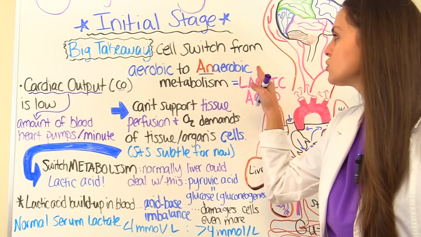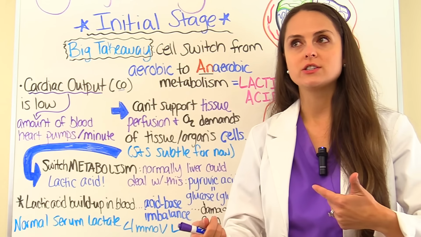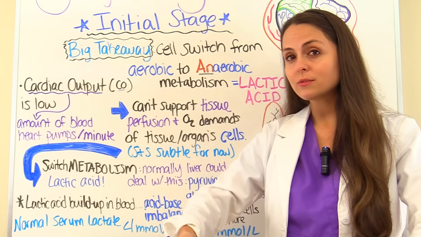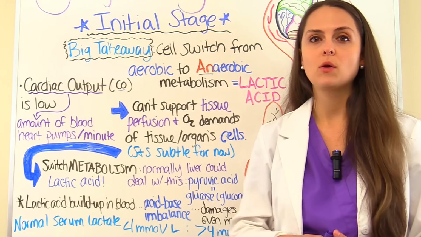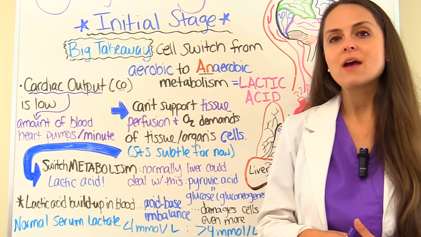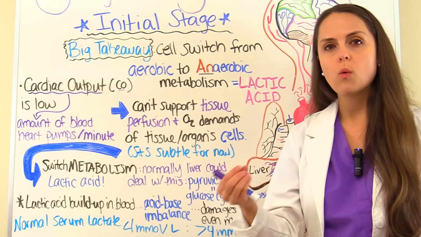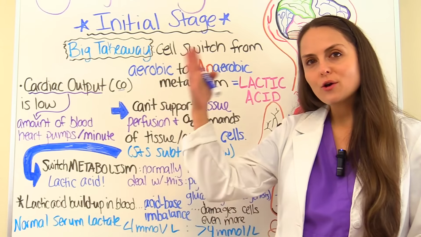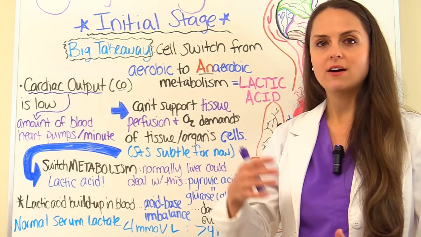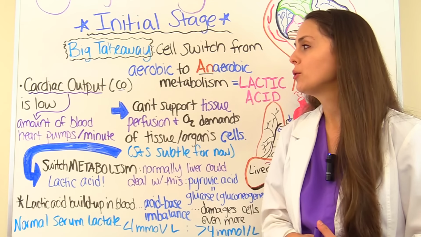So the cell is going to switch from aerobic metabolism, which is metabolism with oxygen, which it can't do because it's not receiving a lot of oxygen, to anaerobic metabolism without oxygen. And whenever it does this type of metabolism, it produces a waste product called lactic acid. And as we go through the stages, you're going to see how lactic acid is going to be a big problem for our patient who is in shock.